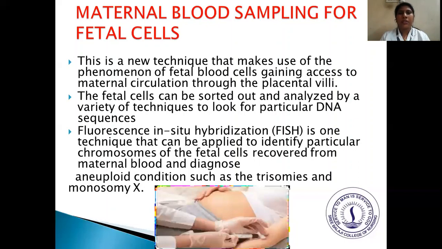Fluorescence in situ hybridization is one technique that can be applied to identify particular chromosomes of the fetal cells recovered from maternal blood and diagnose aneuploid conditions such as the trisomies and monosomy X. That is maternal blood sampling for fetal cells.